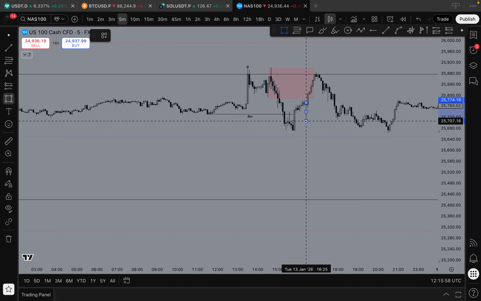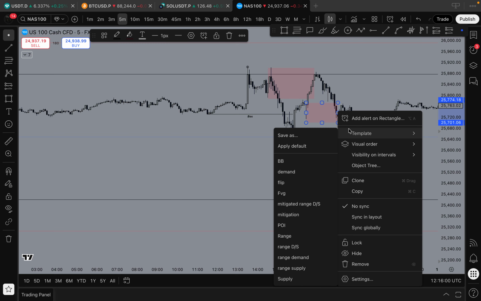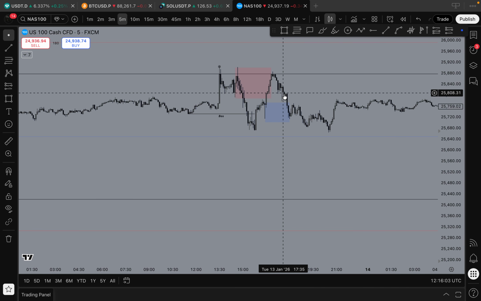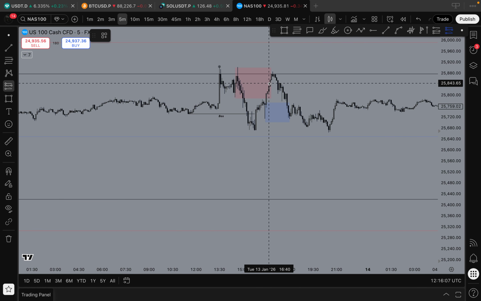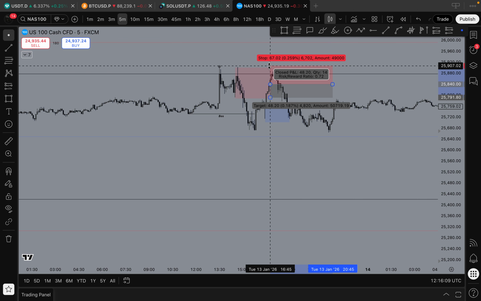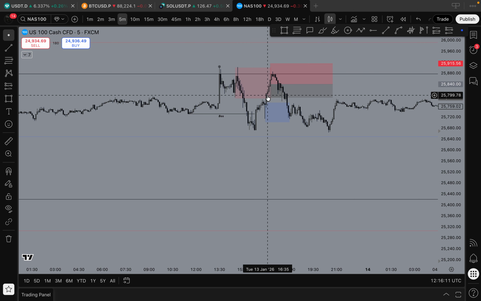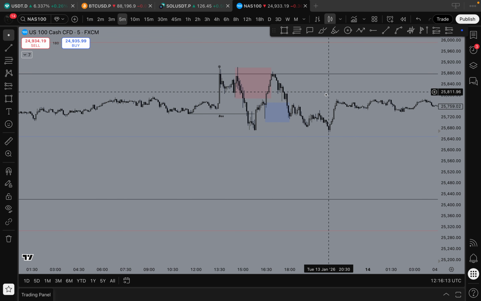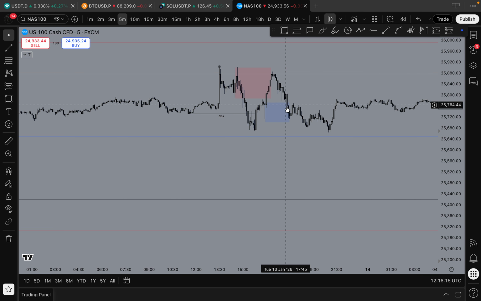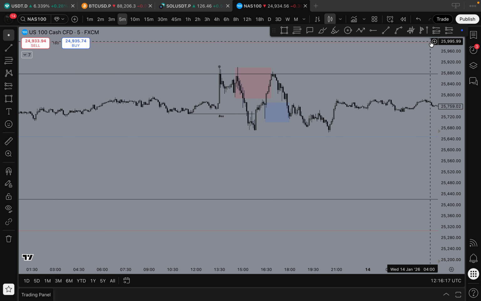It created some demand right here, and then after that demand was lost, it was your full confirmation. So you could have taken a trade, for example here, with your stop above that high and then trust that it would hold as your third tap, or you wait for the demand failure, and that's your second confirmation.